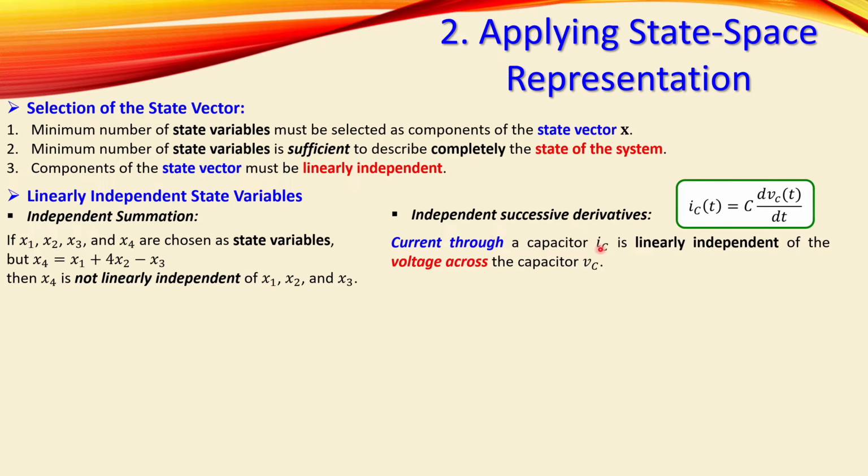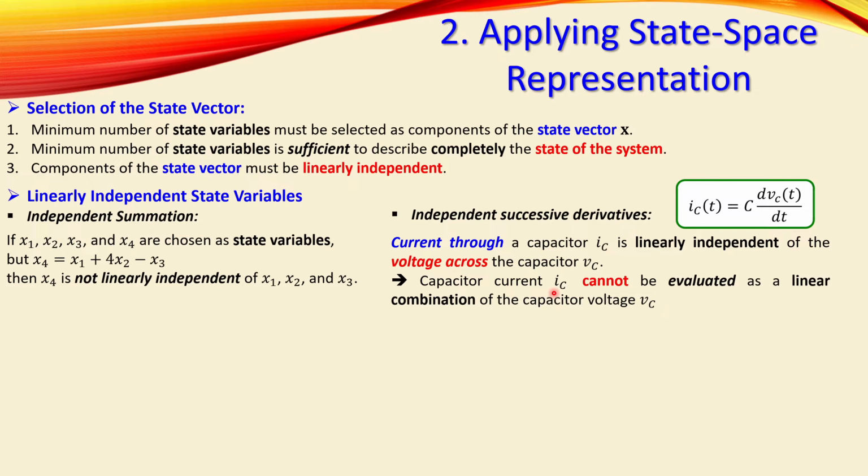The current through a capacitor is linearly independent of the voltage across the capacitor. You can see that. But the capacitor current I_C cannot be evaluated as a linear combination of the capacitor voltage. So that's also very important here.